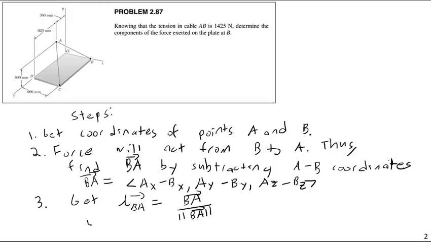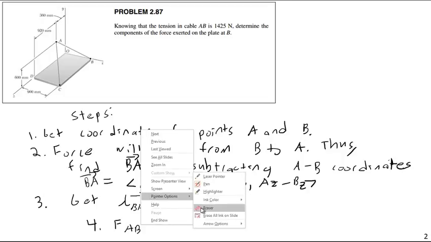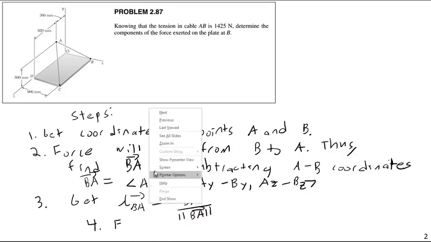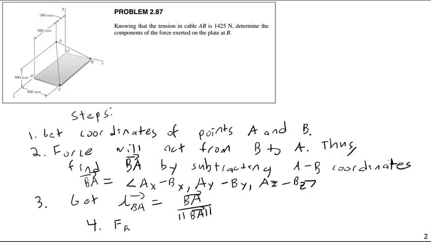Then once we have that, we simply say FBA is going to equal 1,425 newtons times lambda BA.